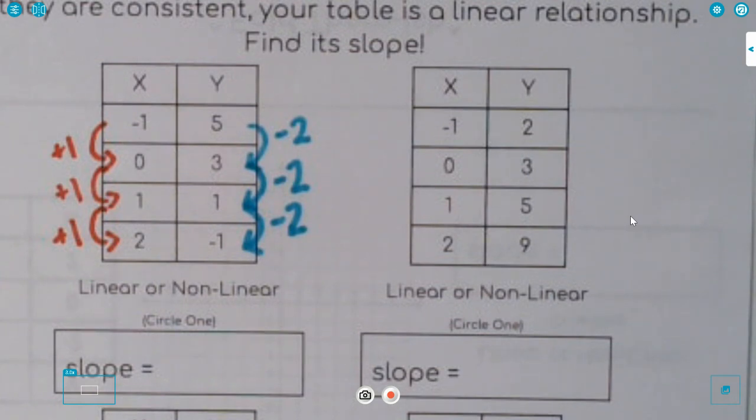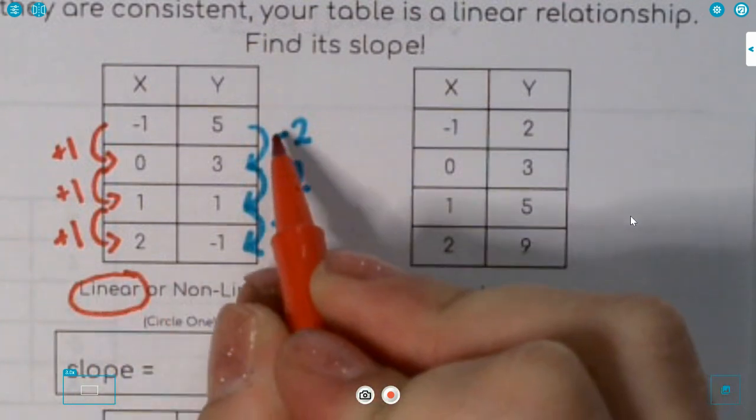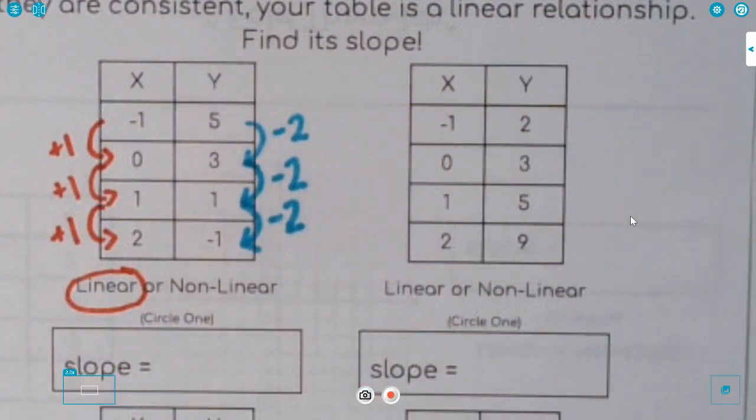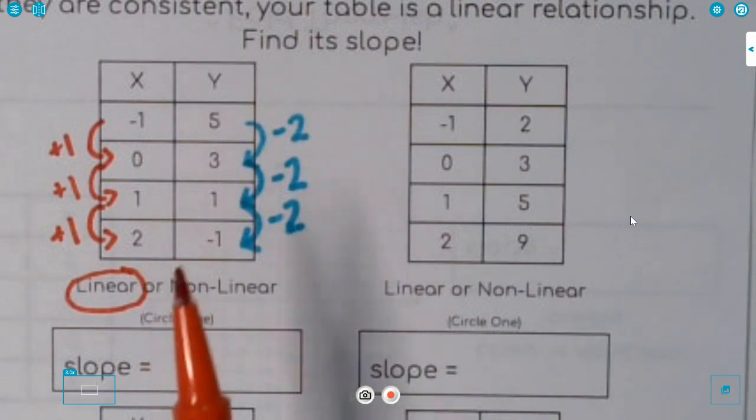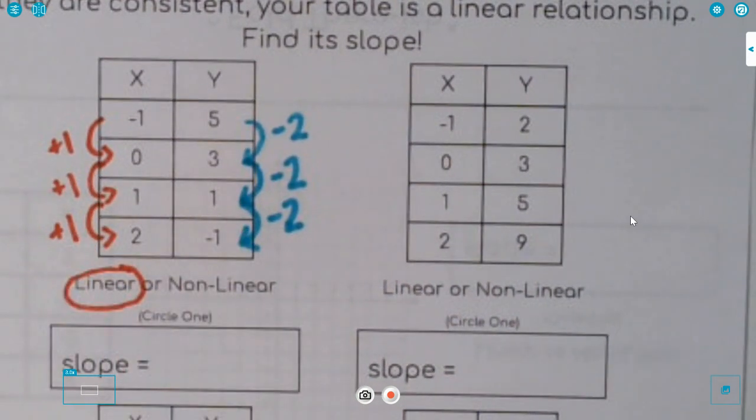Okay. These are our nicest examples because this is a linear relationship. I can tell because my change in Y's and my changes in X's are consistent the entire time down. And then my slope, this is the tricky part, you got to flip it, is change in Y over change in X, so it's -2 over 1.